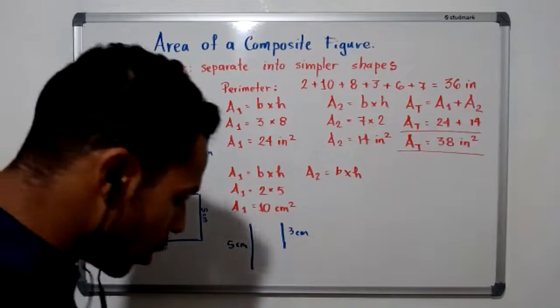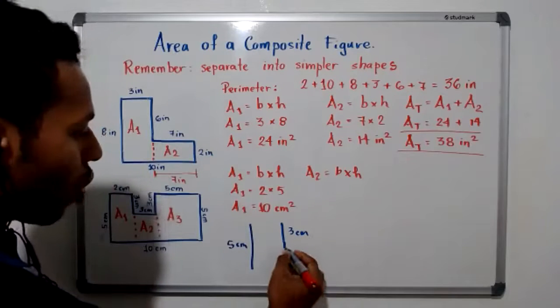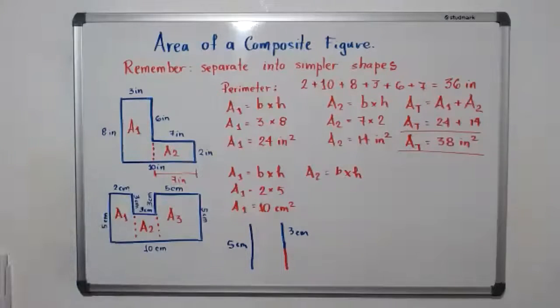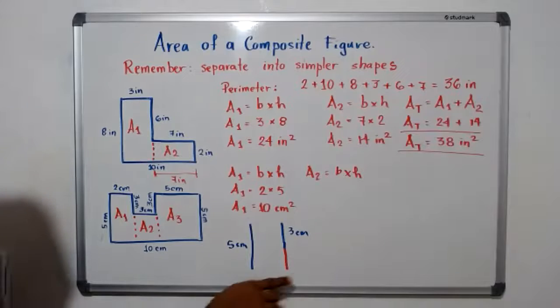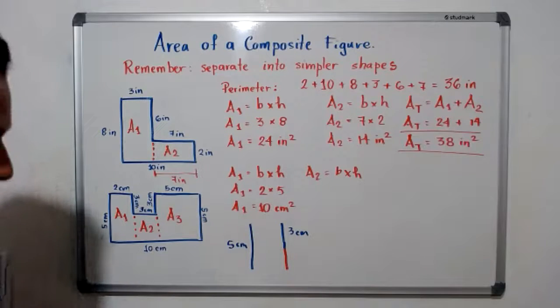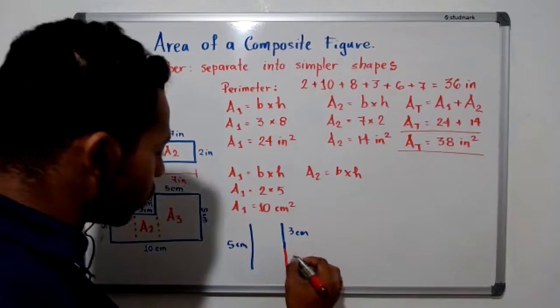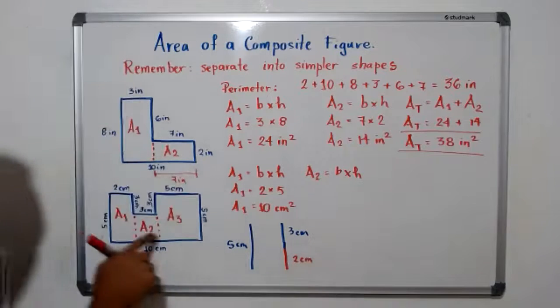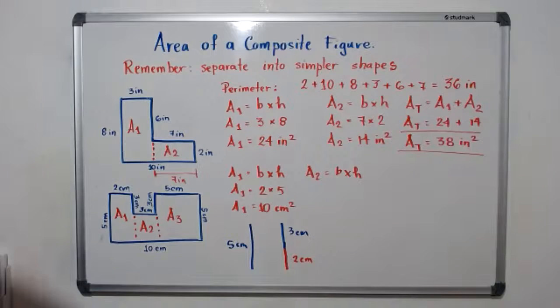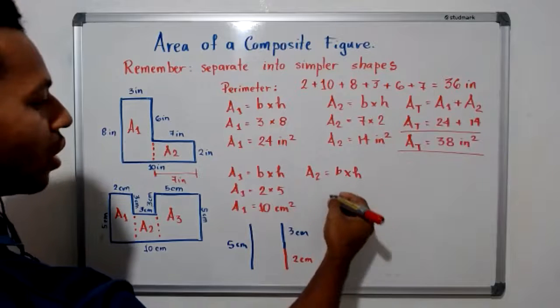So to complete 5 centimeters, what do we need? They are the same dimension line. We need 2 centimeters. So this is the height of this second shape. The second shape, 2 centimeters of height.